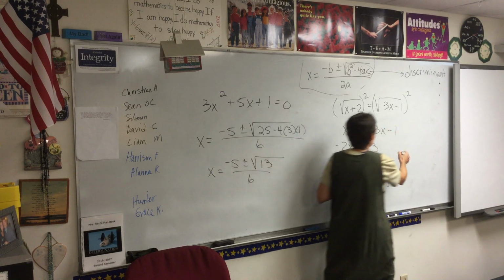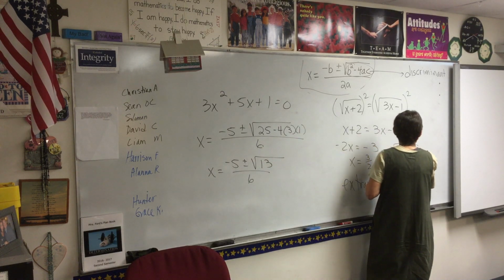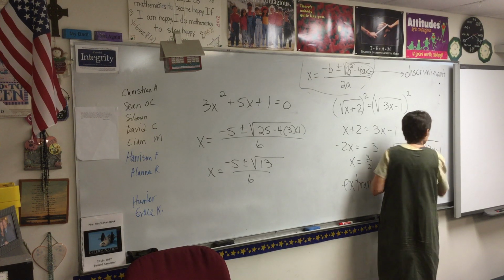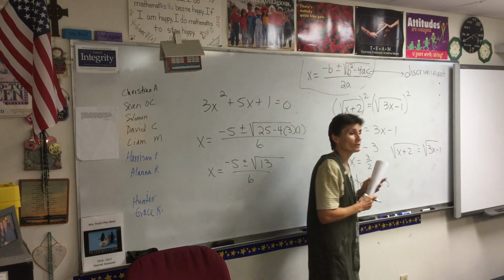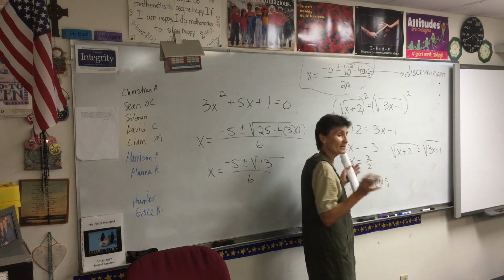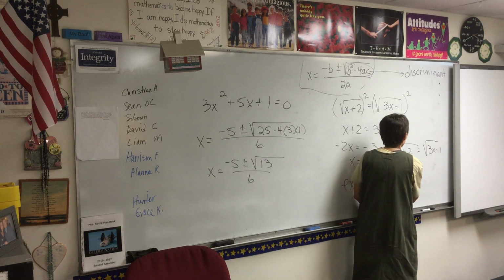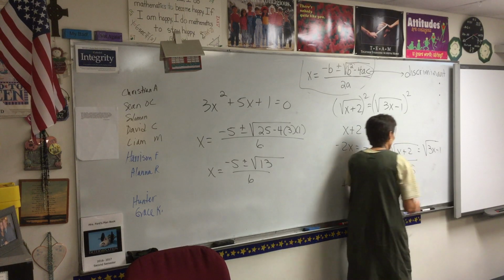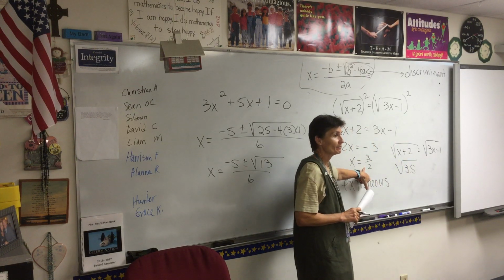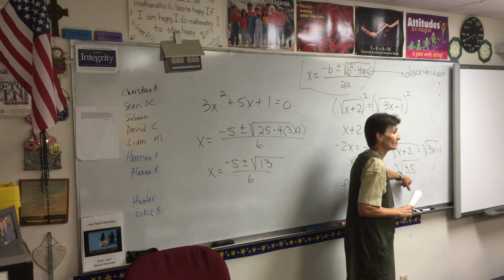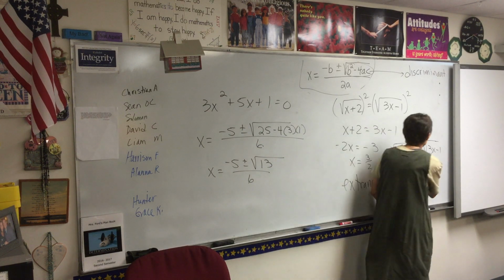Now, I'm going back to the original problem. Don't panic. It's going to be easy. All you have to do is show that they match. We don't even care what they are as long as they match. So if I put in 3/2, wouldn't this be the square root of 1/2 plus 2? Isn't this 1/2? And 1/2 plus 2 is 5/2. All right, what happens over here?